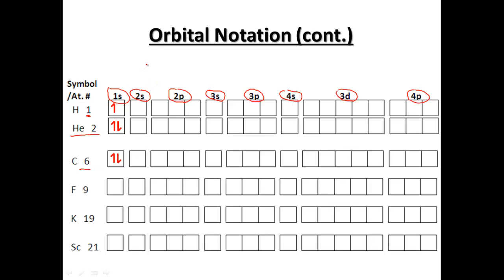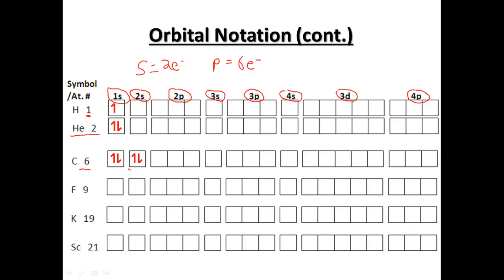Now remember, the s can only fill up to 2 electrons, and the p can fill up to 6 electrons. So the next 2, spinning up, spinning down, go into the 2s orbital. There are more electrons still available. We've used 4, 2 are left, so we're going to put them into the p orbital.